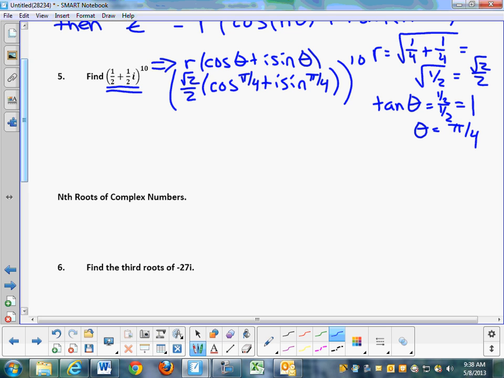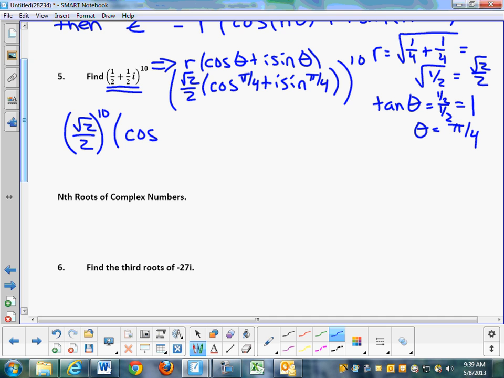We just have to take the radius and raise it to the 10th power. So I'm going to write square root of 2 over 2 to the 10th, times the cosine of, and then what do I do with the angles?